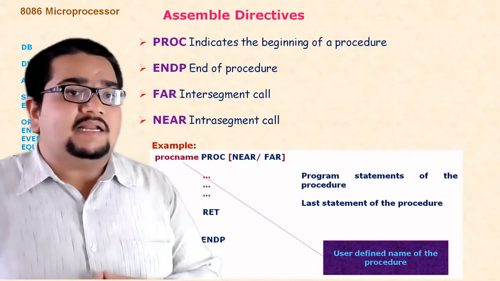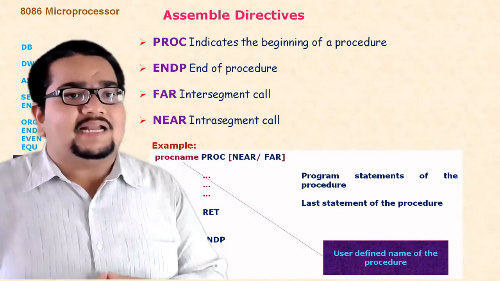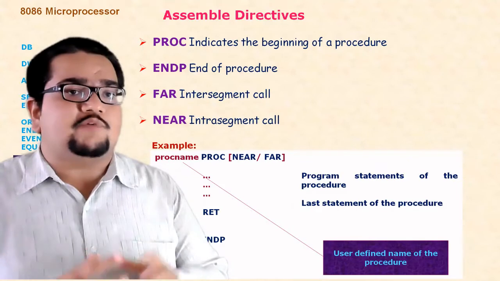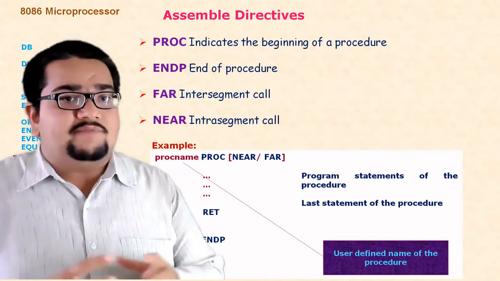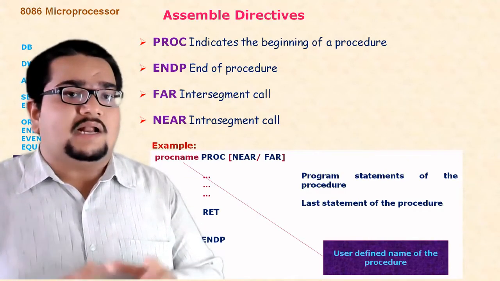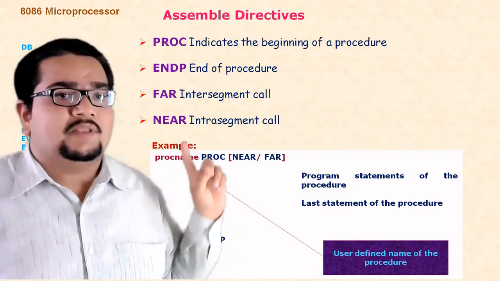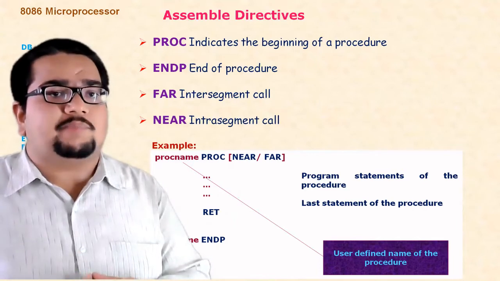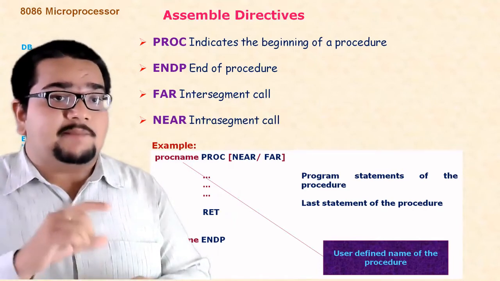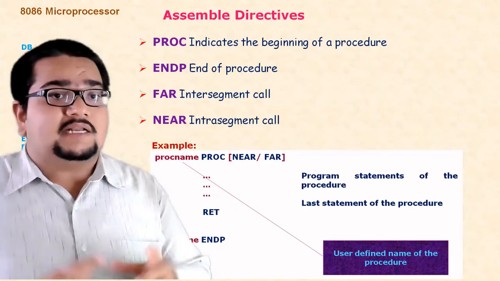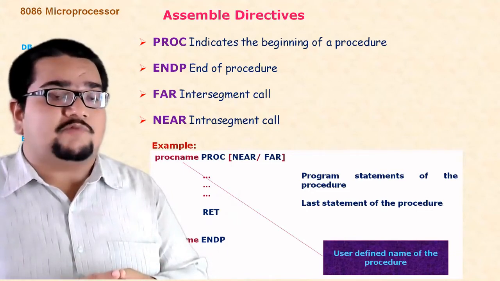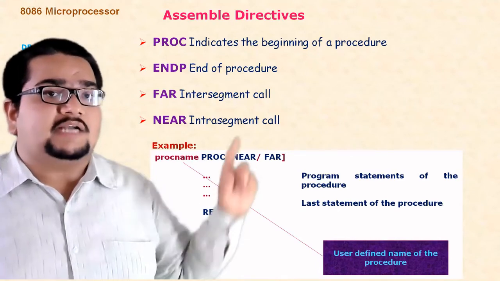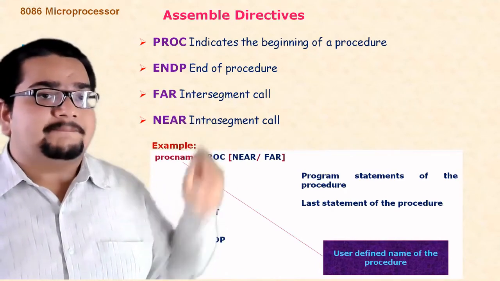Then here FAR and NEAR are used for indicating whether our procedure instructions will be within the 64 kilobyte area. When it is within the 64 kilobyte area, intra-segment, we write NEAR. Whenever our procedure instructions are stored in the program memory away from the main program instructions, with an address range of more than 64 kilobytes, which is one logical segment size, that time we say that one is FAR.